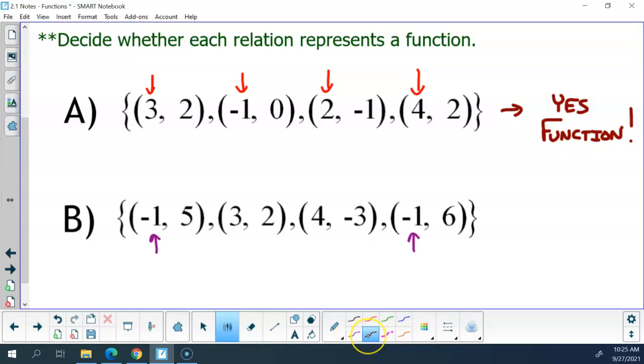So that is not a function. Love it. Like that. Smiley face.